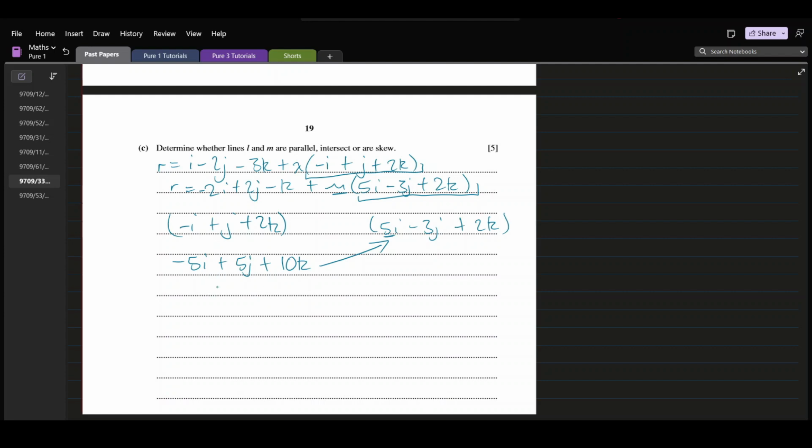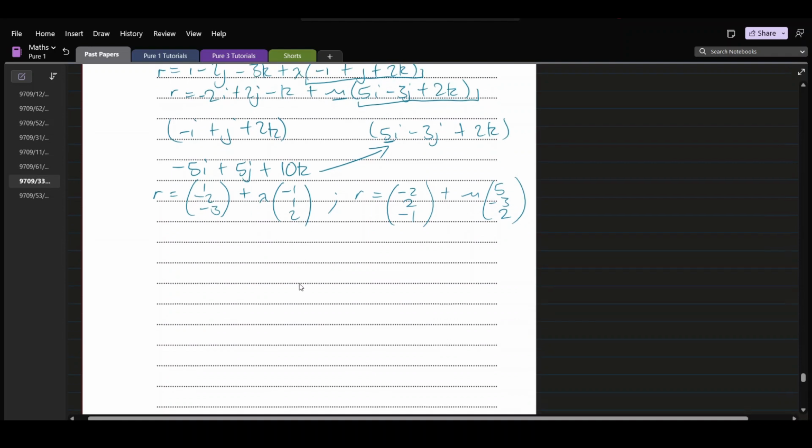And now we have to determine whether they intersect or they are skew. So we can form three equations. Let's write our equations as column vectors first. So L is r equal to (1, negative 2, negative 3) plus lambda (negative 1, 1, 2). And for M, r is equal to (negative 2, 2, negative 1) plus mu (5, negative 3, 2).